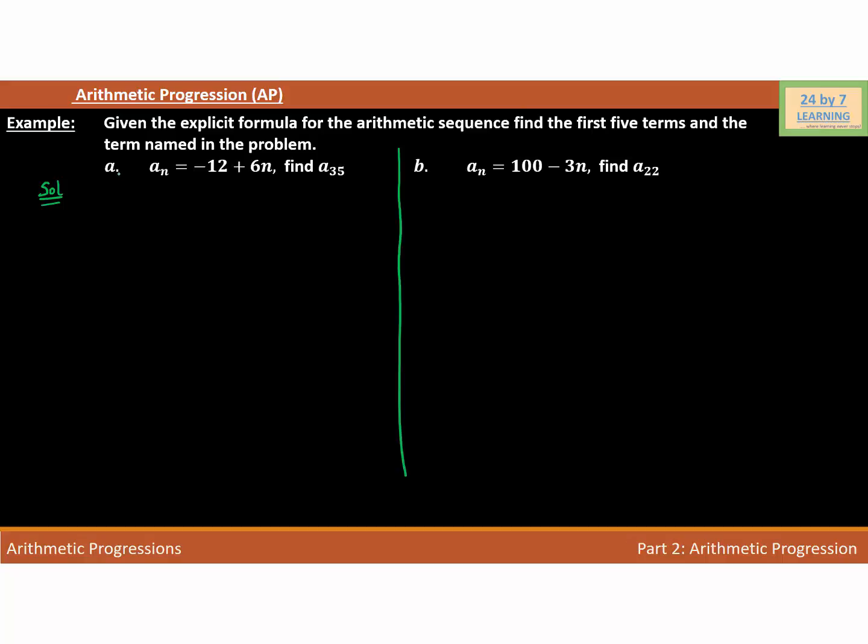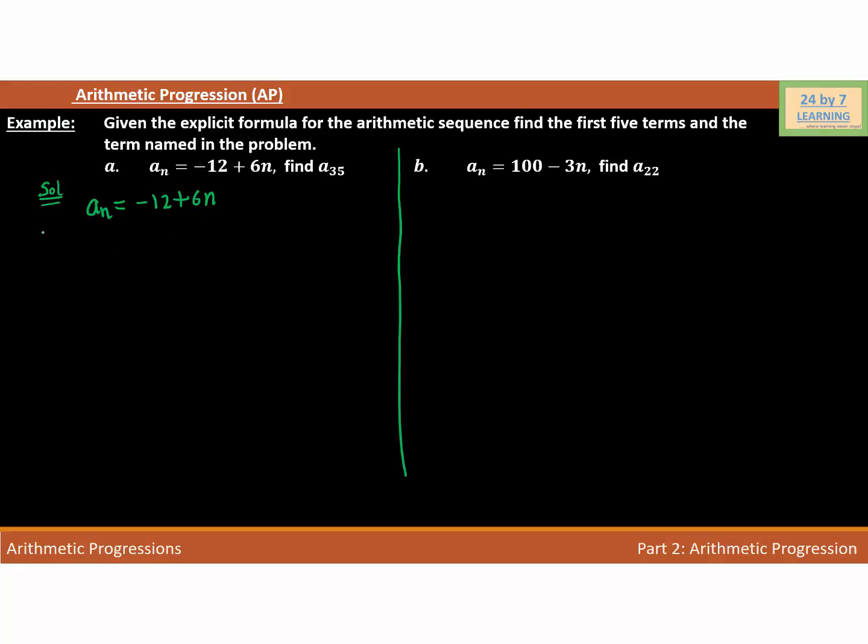So let's talk about the first problem, A. It is given that a_n is equal to -12 plus 6n, and I need to find the first 5 terms.